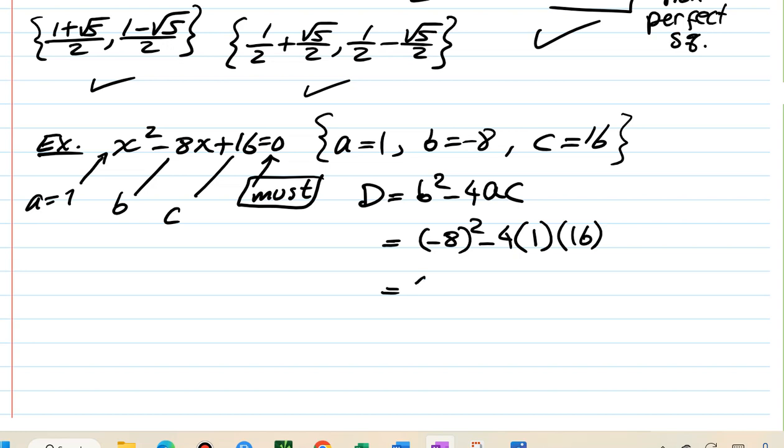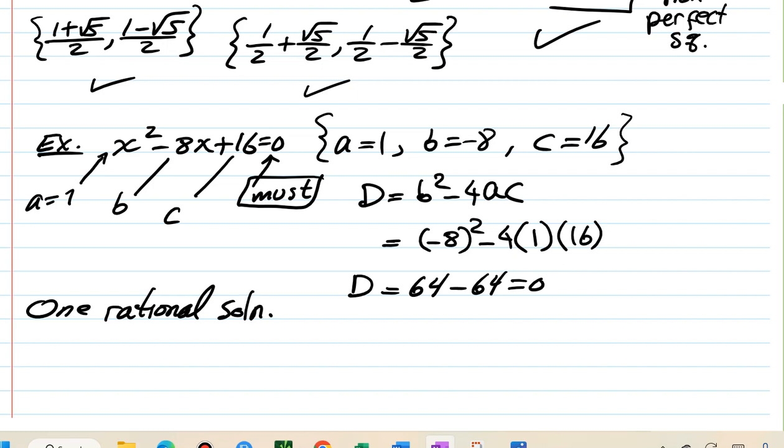Now, -8 squared, that would be 64. 4 times 16 would be 64. Oh, interesting. The discriminant is 0. So if the discriminant is 0, therefore we have 1 rational solution, right? 1 rational solution. And it's going to be a double solution.